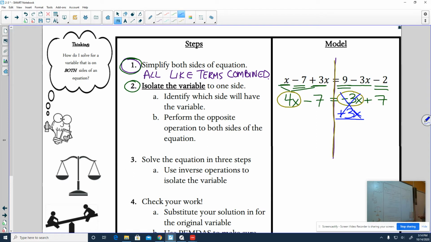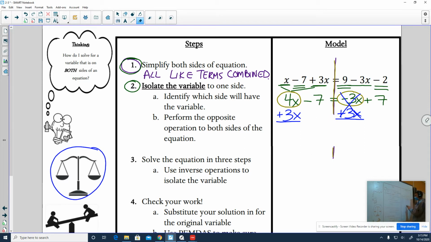But again, remembering our scale here, what you do to one side of an equation, you must do to the other side. So I'm going to add 3x to this side. Only once. Why did I write it under the 4x? Because it would make no sense to write it under the -7 because -7 and 3x are not like terms. If you're going to do something to both sides of an equation, make sure you're doing it to its like term.